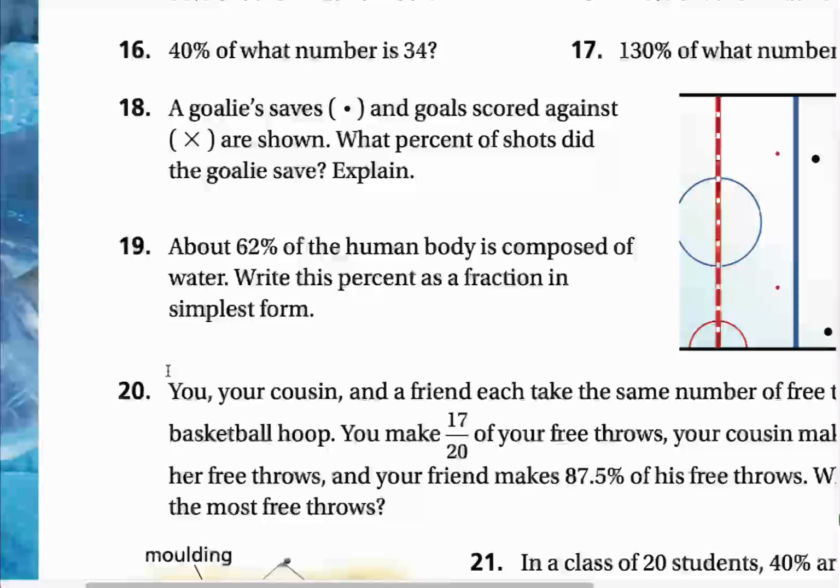Abdullah Majid. Yes, teacher. Okay, go ahead. Read the question quickly. About 62% of the human body is composed of water. Write this percent as a fraction in simplest form.